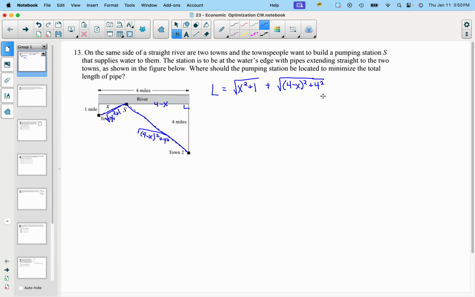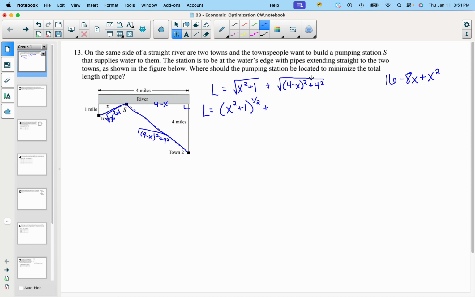Now we just have to remember we are trying to minimize this length, so that means we're going to have to find the derivative and set it equal to 0. So we have a little bit of cleaning up to do on here. I'm going to start by setting this up. So we have x squared plus 1 to the 1/2 power plus, and maybe even off to the side, 4 minus x quantity squared is going to be 16 minus 8x plus x squared.